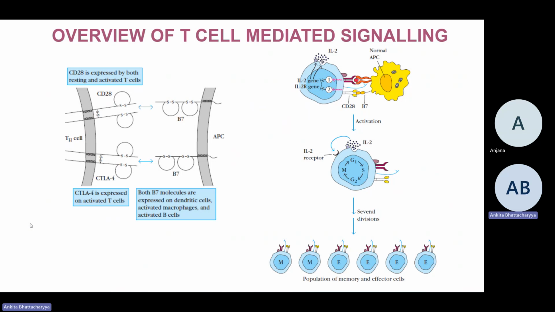These two interact with each other, and what you can see is that CD28 is expressed by both resting and activated T cells as well. But to prevent unnecessary and indefinite activation of T cells, there has to be a controlling, regulatory, or maintenance signal that will keep the levels in check.